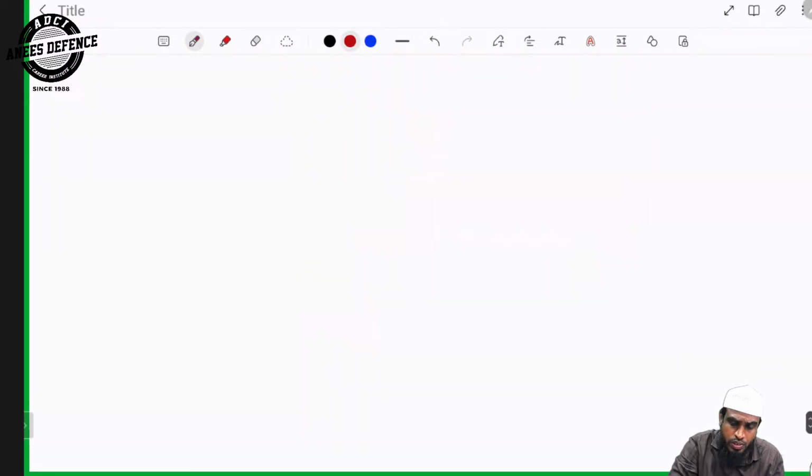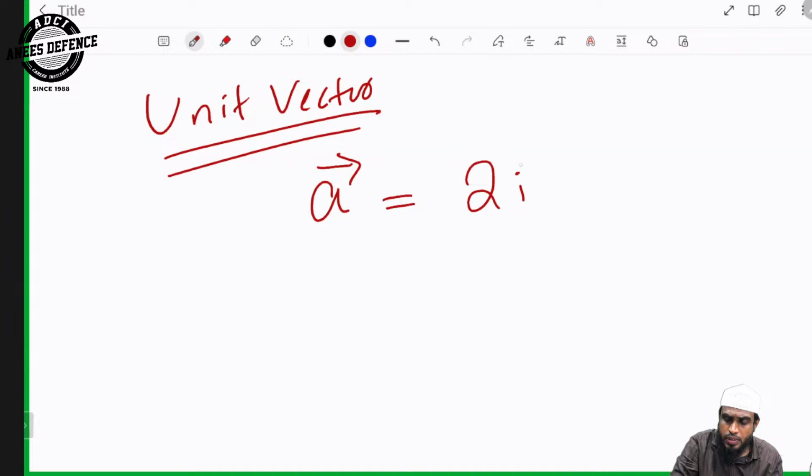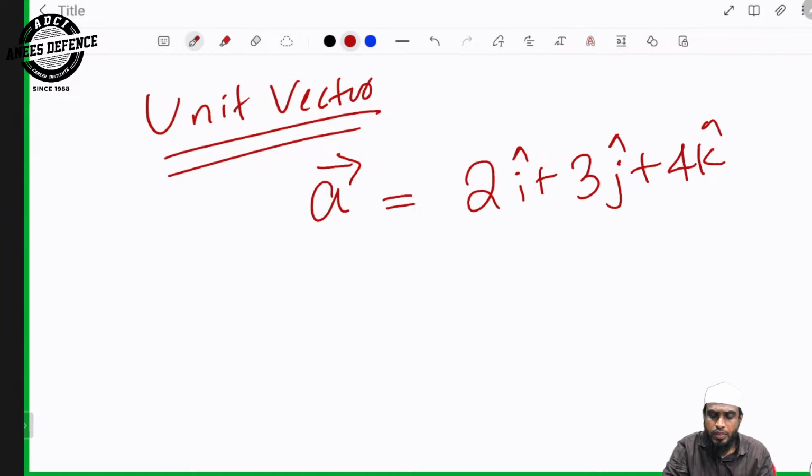Suppose another question regarding the unit vector. For example, you are given a vector A, 2i plus 3j plus 4k.